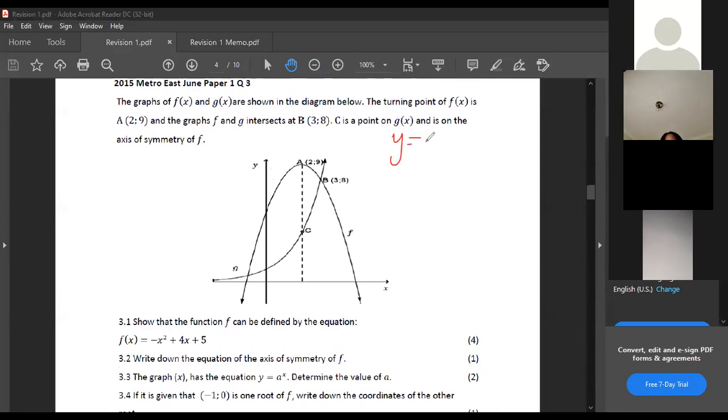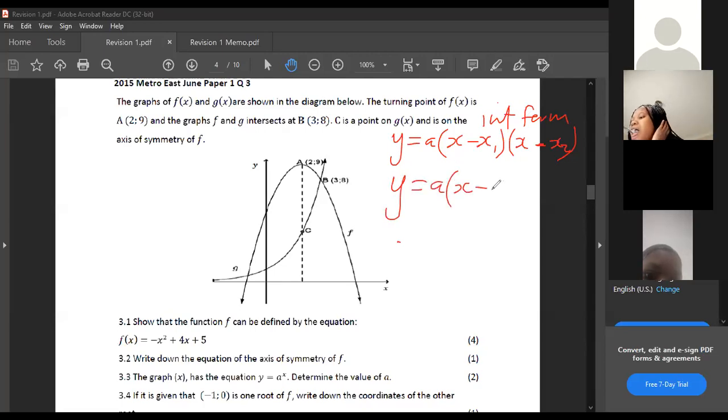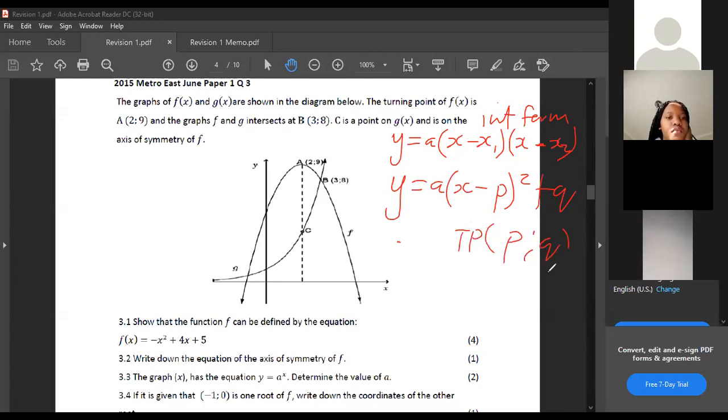The intercept form is y is equal to a(x minus x1)(x minus x2). Here you'll be given intercepts. Then there's the turning point form, y is equal to a(x minus p) squared plus q, where the turning point is (p, q), sign change.